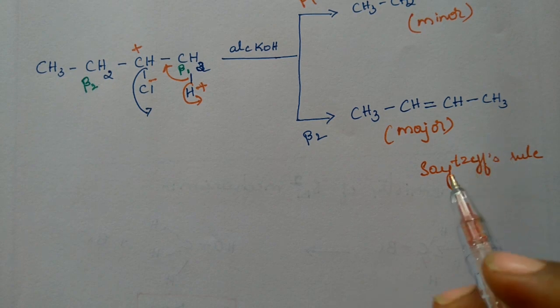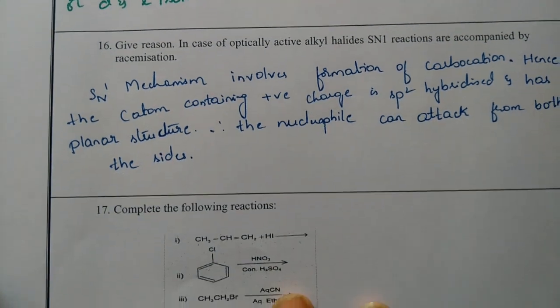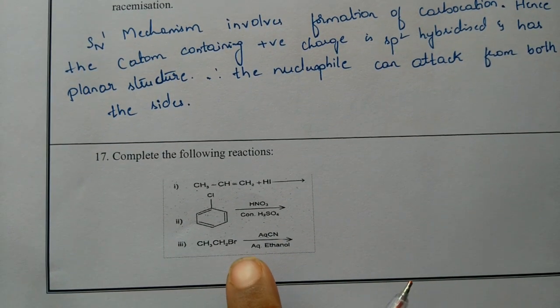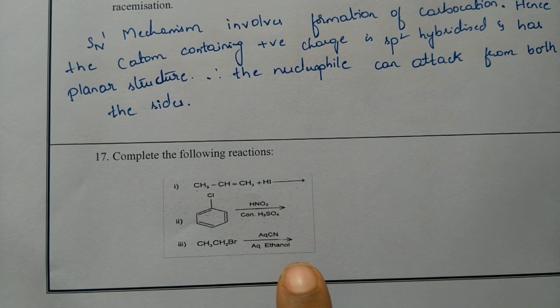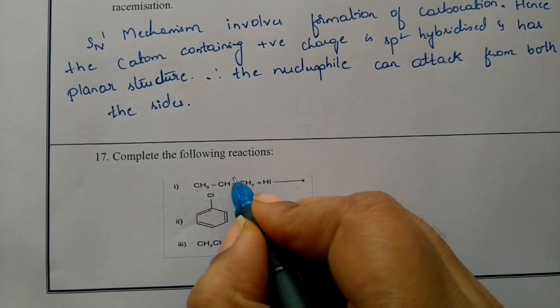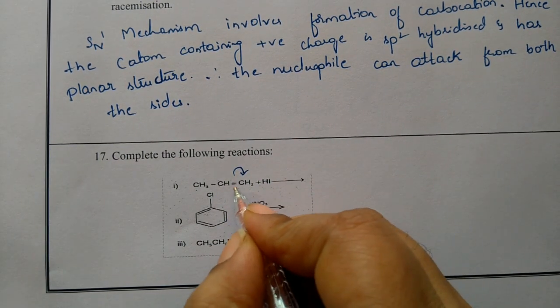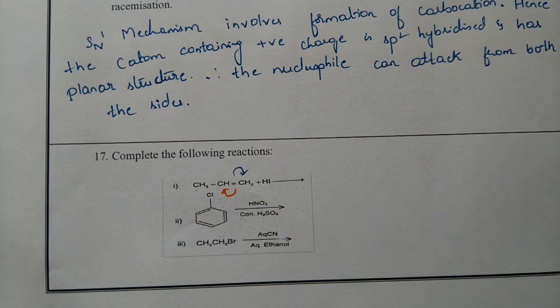So next question, that is the 17th question we have. We have discussed the remaining questions. The 17th question we have is CH3CH double bond CH2 with HI, so that is according to Markovnikov's rule. So we have a reaction where either the double bond can shift on this carbon or the double bond can shift on this carbon atom.